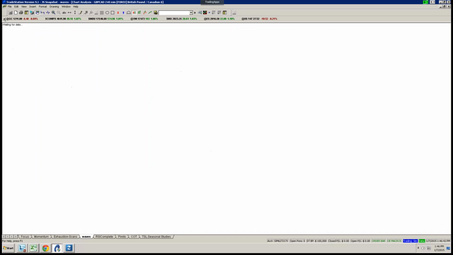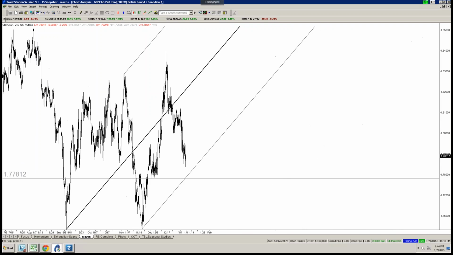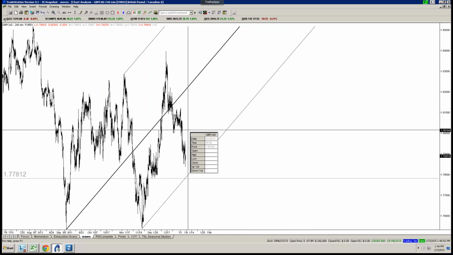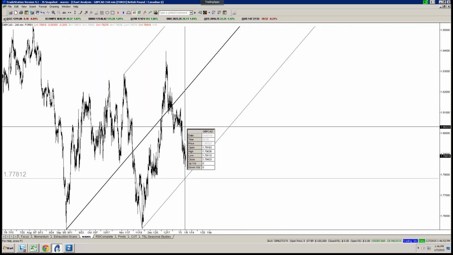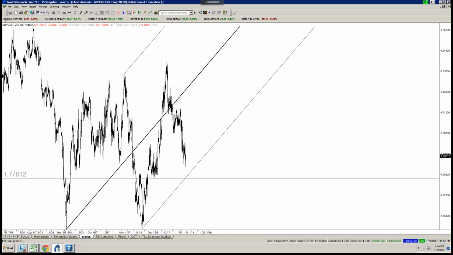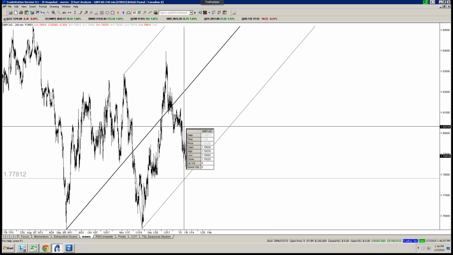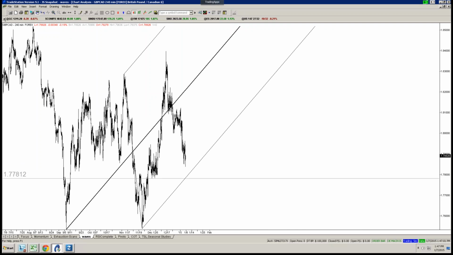So with this, Brendan, what I want to do is look at, I'm just going to map out some levels really quick. So I want to see where the fibs come in. Okay, we've actually come into the fib zone now already.